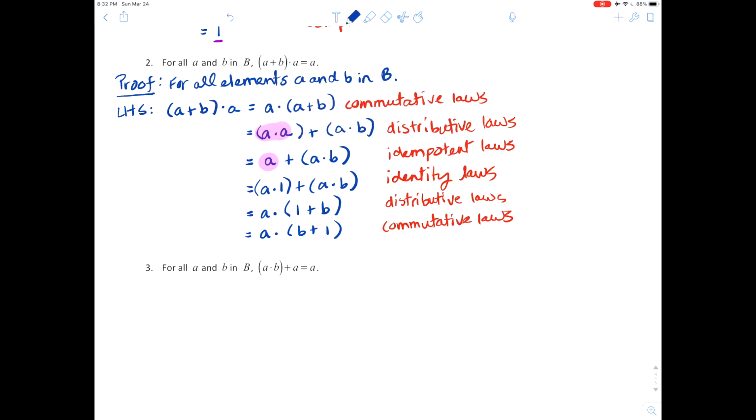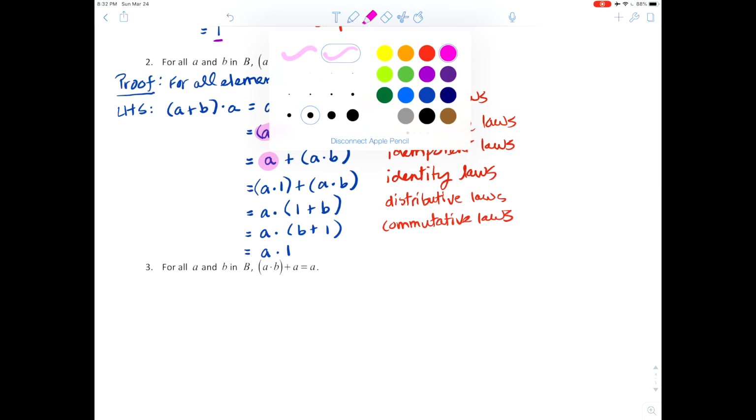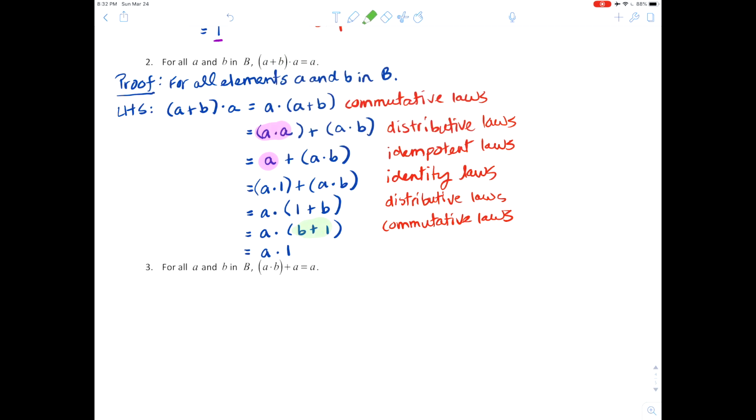Alrighty, and remember that if you've got B or 1, you just get what? 1. Good. So that'll be A and 1. And that's from this one. And that property is called a universal bound law.